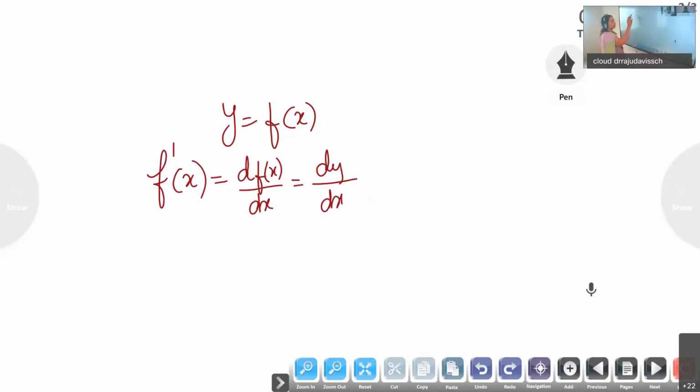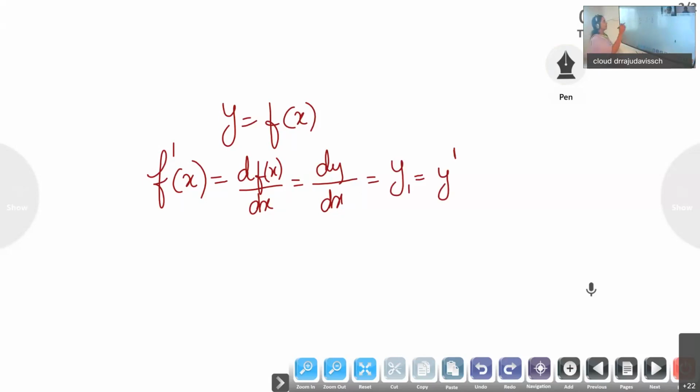Since f of x is the same as y, we denote this as dy by dx, or sometimes as y1. y1 means the derivative of y, where 1 means first order derivative, as we are differentiating y one time. Or in some cases we denote this as y dash.